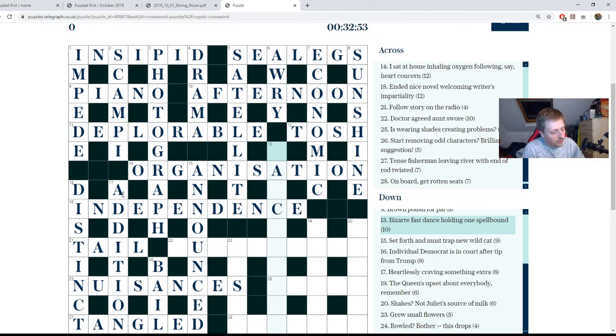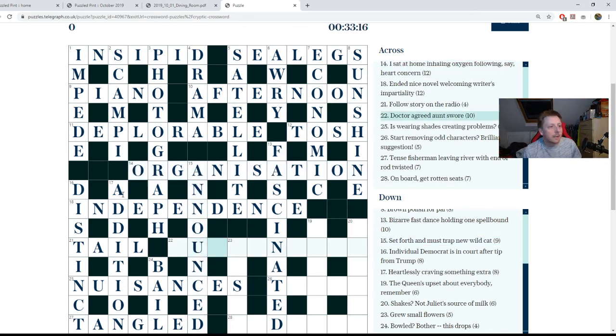It needs to be fast dance and the letter I. Bizarre is the anagram indicator, and it will mean spellbound. And that anagram becomes fascinated, but not spelled like that. I'm typing too quickly for the crossword because it needs to think about things. Okay.